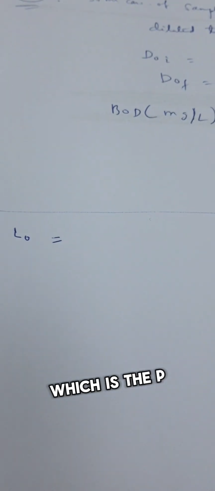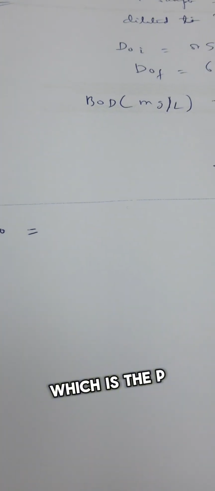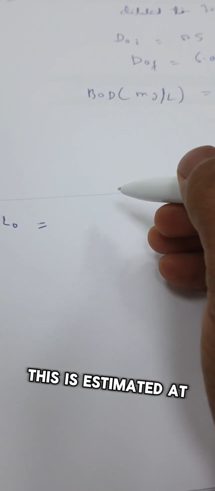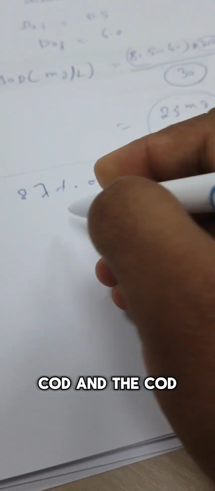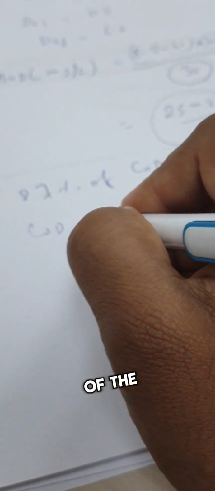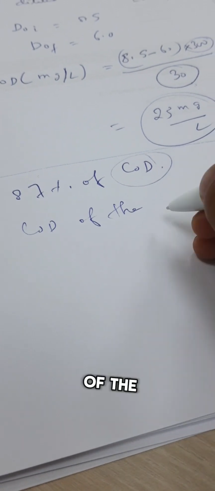This is the volume up to which it was diluted, and this is my real sample volume. It is equal to 25 milligrams per liter, which is the BOD.